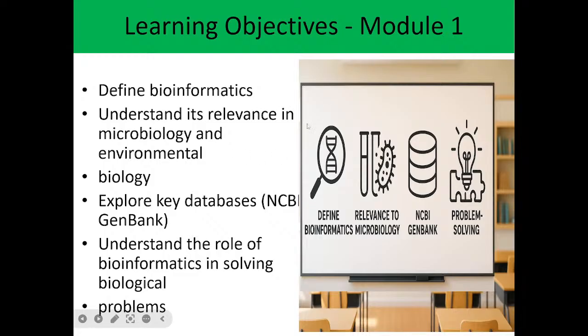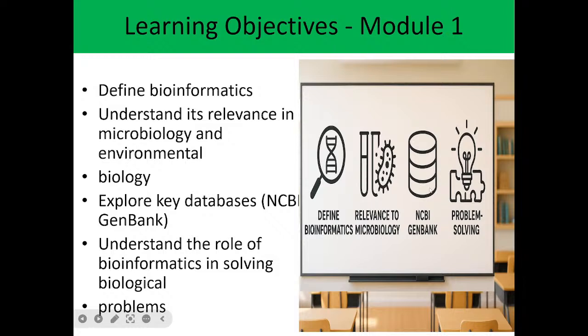Okay, part of the learning objective is to be able to define, use your hand lens to magnify your knowledge, your definition of bioinformatics. After that, you'll be able to use relevance. How relevant is bioinformatics to you?